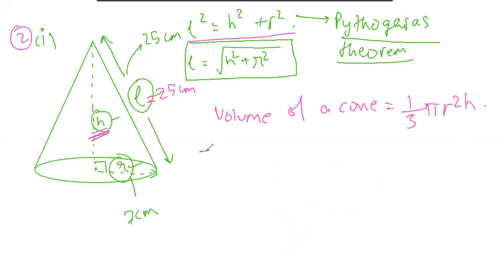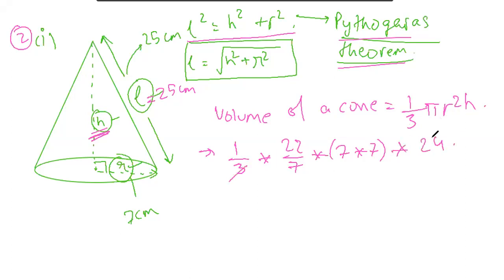Great. So let's substitute the values. So 1 upon 3 into pi, 22 by 7, into r square, 7 into 7, into h, which by Pythagoras theorem we have solved as h, which is equal to 24. Okay, so 8 3s are 24 and 7 1s are 7.